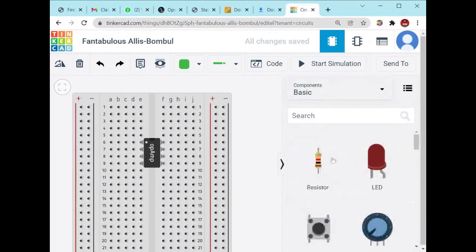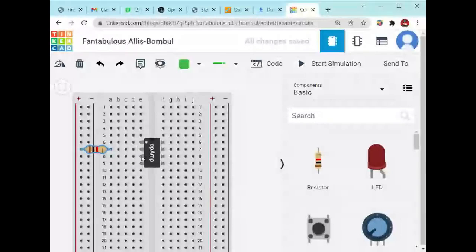Close this search result, select this resistor from here, and place this resistor like this. One connection is to be connected to the input, so make this pin an input, and that should be directly connected to the negative of Vin.